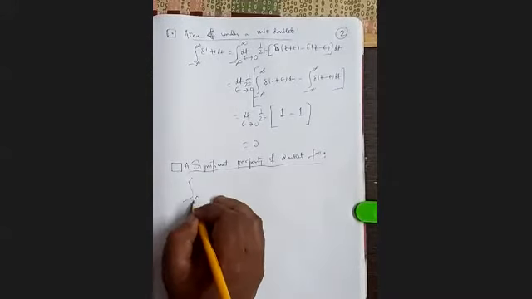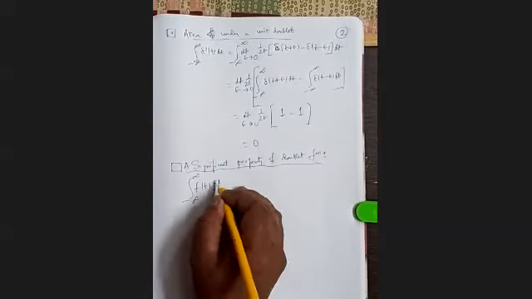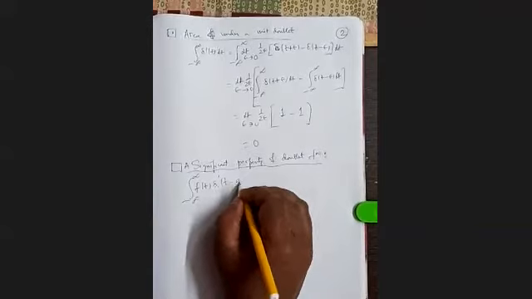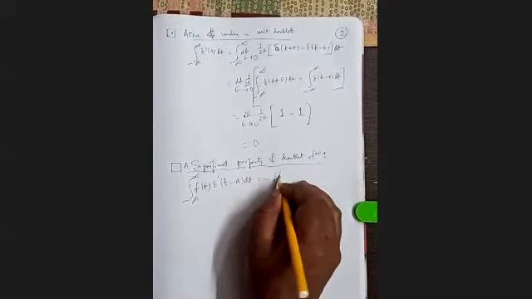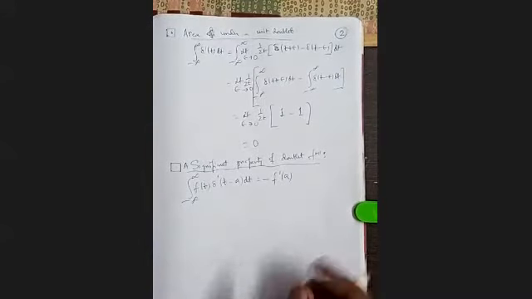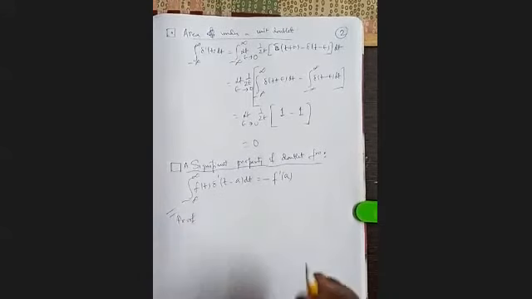It is integration from minus infinity to plus infinity of f(t) delta dash (t minus a) dt equal to minus f dash a. Now I want to give a proof of that particular thing.